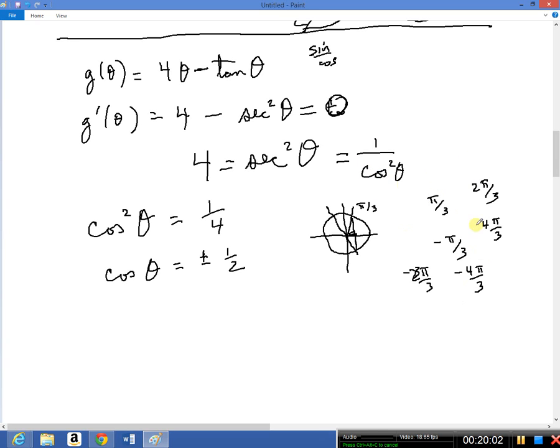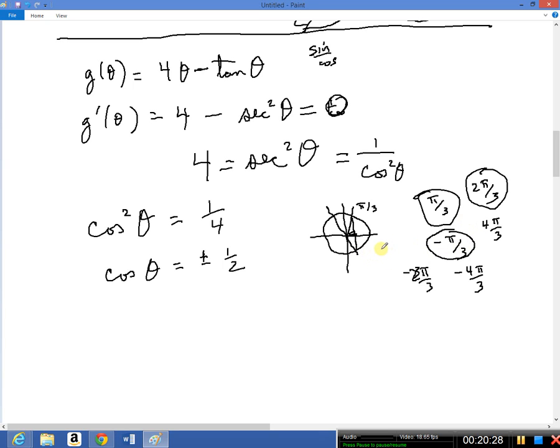All of these numbers, I guess the right way to do it is any of these numbers: pi over 3, 2 pi over 3, minus pi over 3, and minus 2 pi over 3.